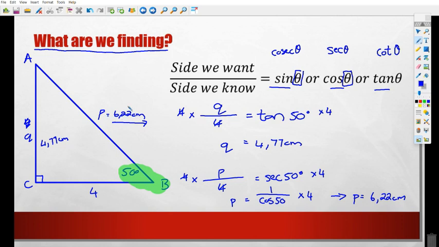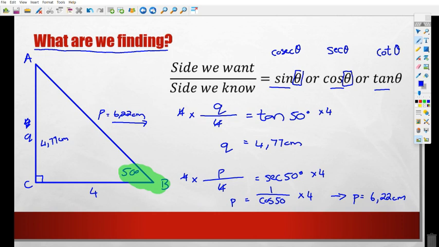So my answer sort of makes sense. If this was smaller than 4 or 4,77, then we'd know that I did something wrong, because my hypotenuse has to be the longest. Hoping that makes sense.